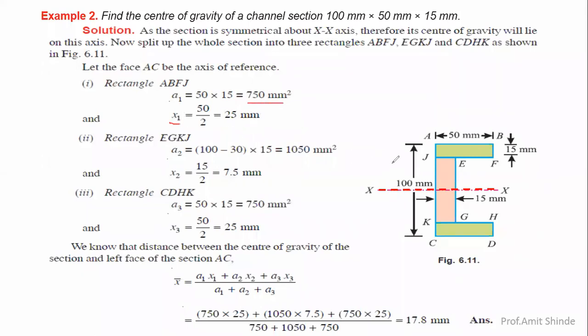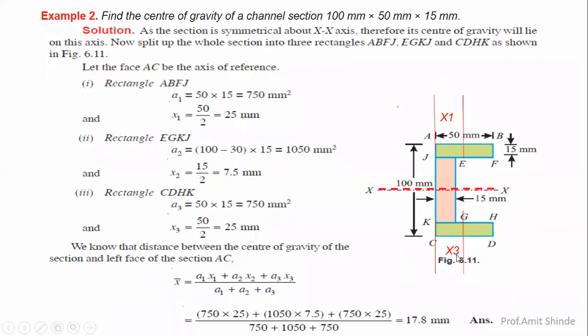And here x1 means what? We have to find the CG of that particular figure, and this distance is nothing but your x1. Now how to find this x1? If you see here, half of this 50 is x1.